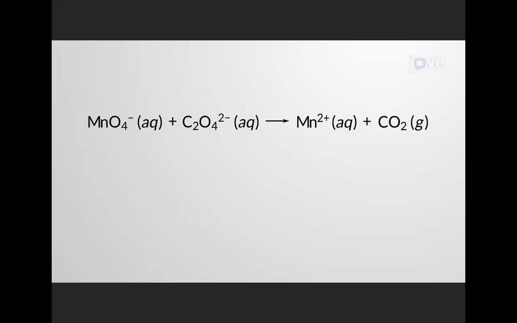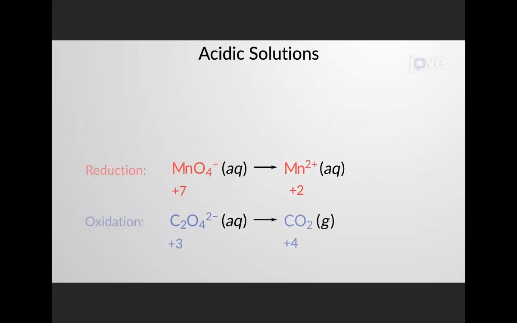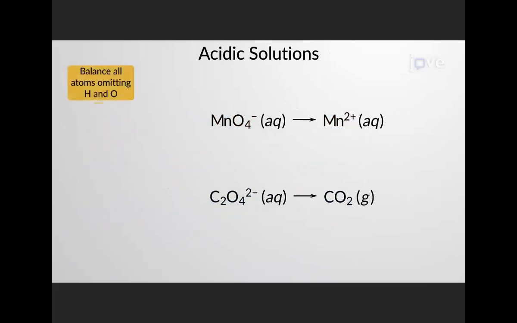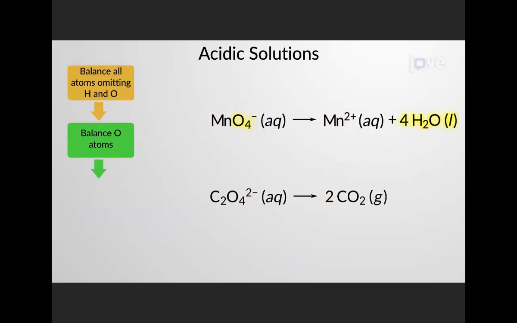Consider the reaction of permanganate with oxalate. For aqueous acidic solutions, assign the oxidation states and divide the reaction into its component half reactions. Then balance each half reaction, omitting hydrogen and oxygen. Here, manganese is already balanced, but the oxalate needs a coefficient of 2. Secondly, balance oxygen atoms with the addition of water molecules.